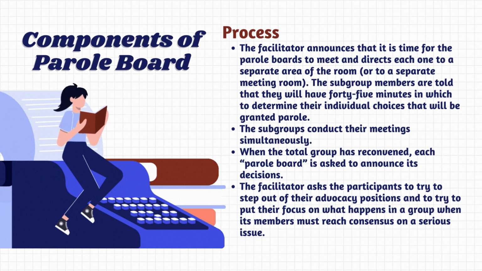Then, when the total group has reconvened, each parole board is asked to announce its decisions. The facilitator asks the participants to try to step out of their advocacy positions and to try to put their focus on what happens in a group when its members must reach consensus on a serious issue.